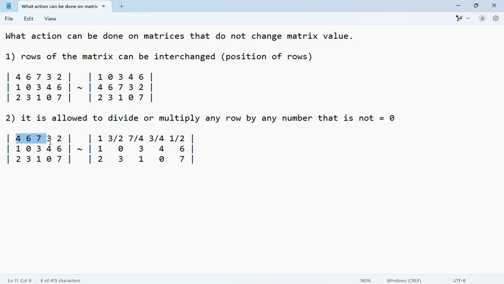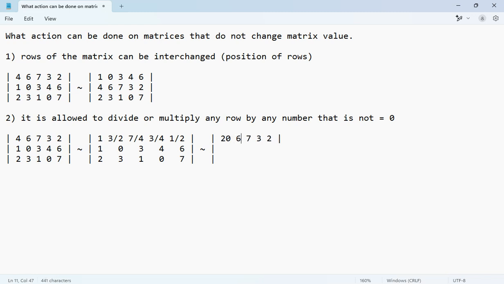So if you take one single row and divide or multiply it, you can make equivalence of different kinds. You can multiply, for instance, this row by 5. Then what will be here?